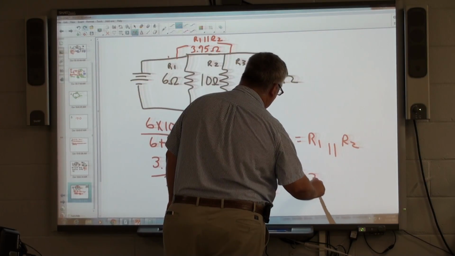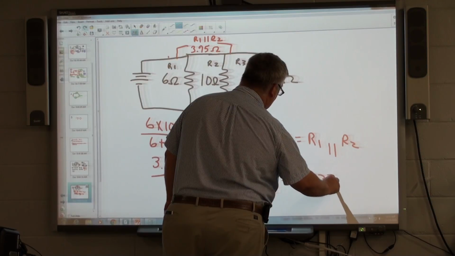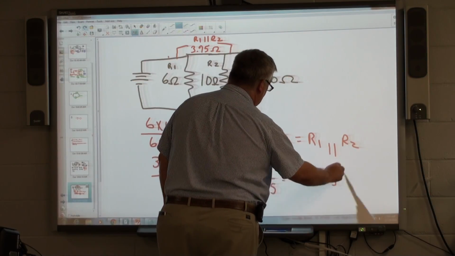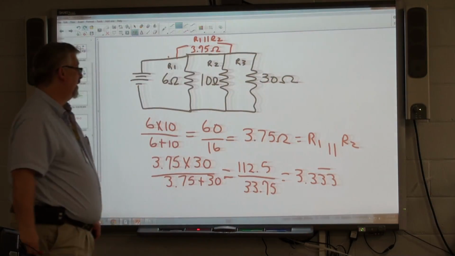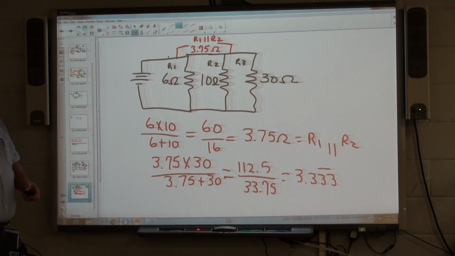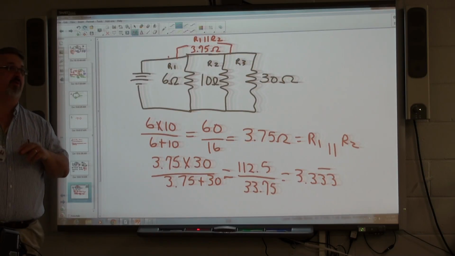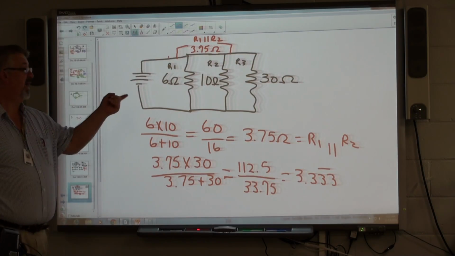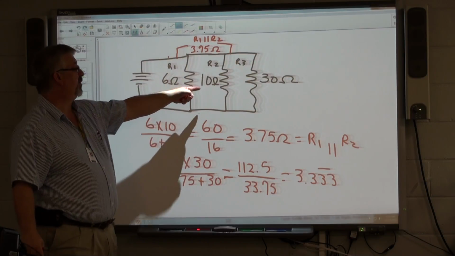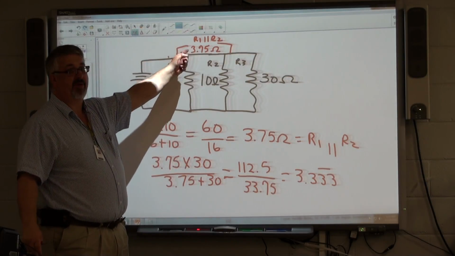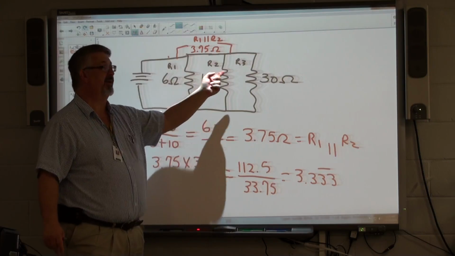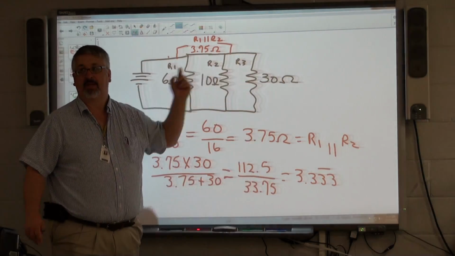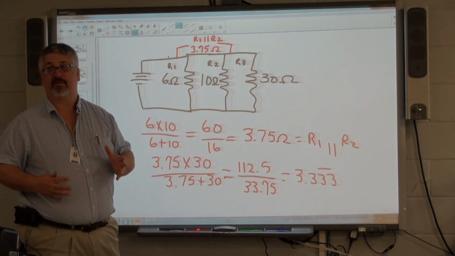No, this is the product over sum formula. We're going to do the reciprocal in a moment. There are two different formulas, I know this can be confusing. If we're doing the product over sum, it only works with two resistors. We have three here, so we have to do the first two, get the equivalent, and then take that equivalent value and do it with the last one. So we did two different product over sums.